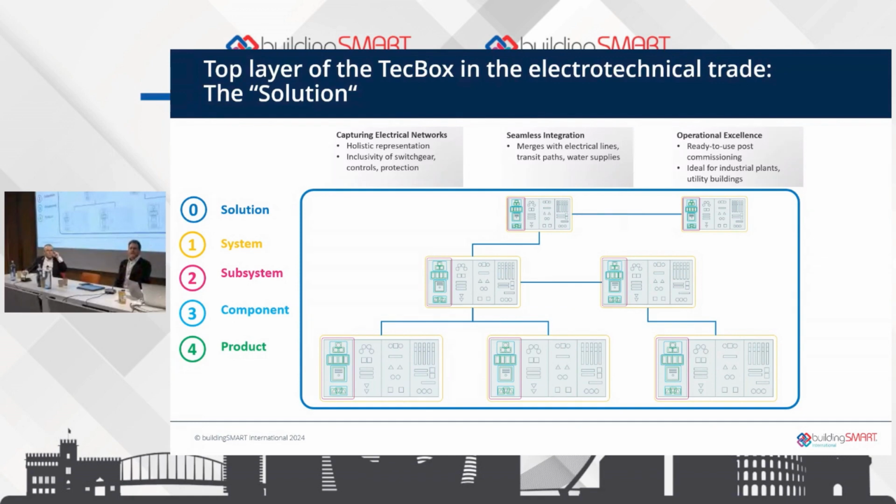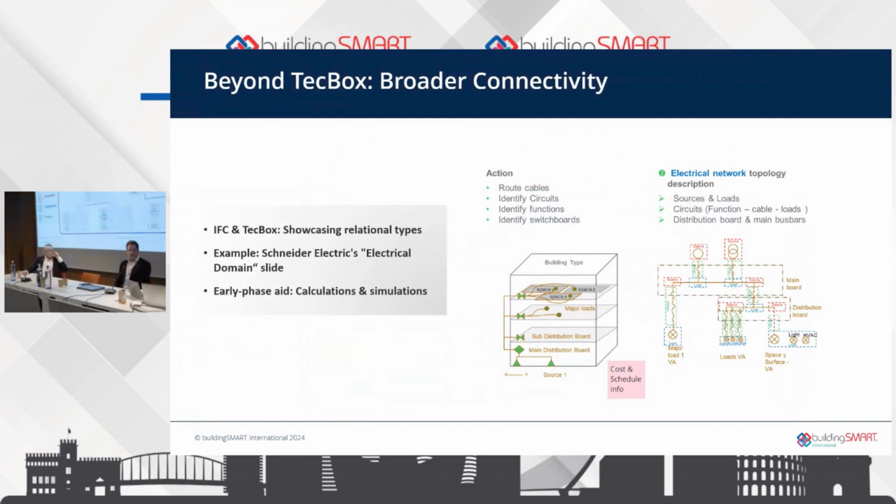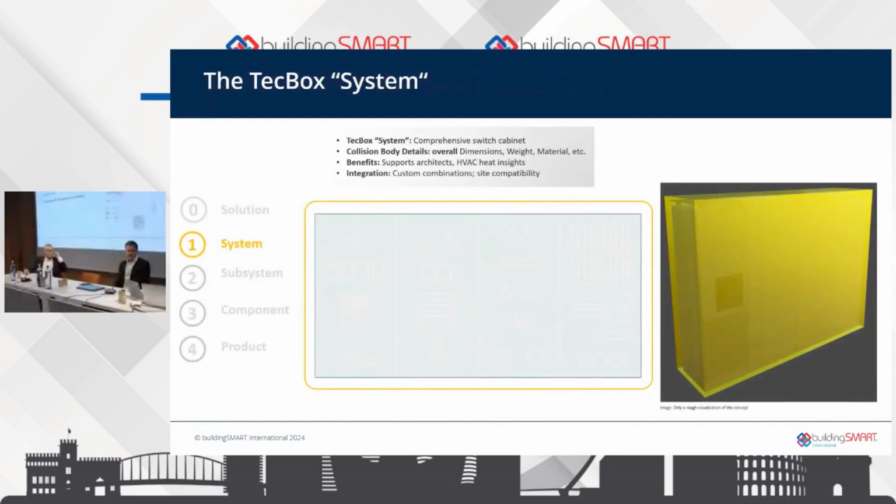You need to somehow start defining in an early stage. The systems are, for example, the switch boards. Subsystems are the cabinets, components, and so on. So that's, for example, for a solution, so that you see a whole building, how everything is connected within the building. So that's what you would put into a solution information container or text box.